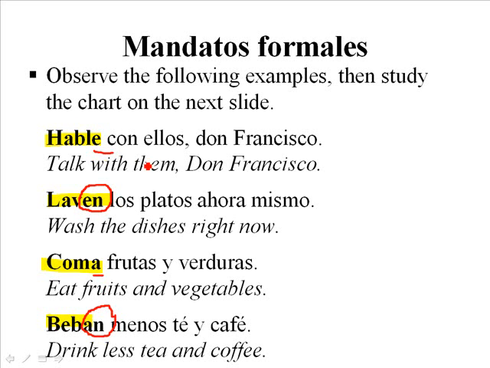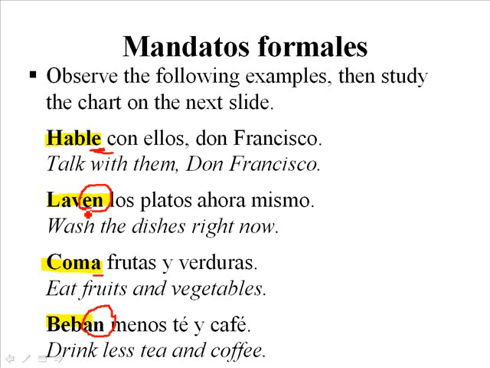Now, can you see what the pattern is here? Hable is what verb? Hablar, that's right. But hablar is an AR verb, and this one ends in an E. Huh. This is a change from the way we conjugate the verb in the present tense. Laven comes from what verb? Lavar, that's right. But lavar is an AR verb.